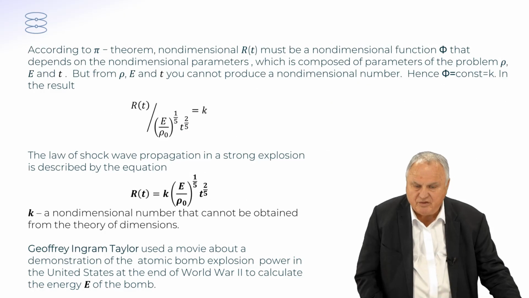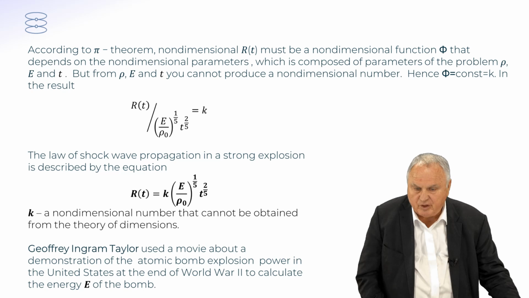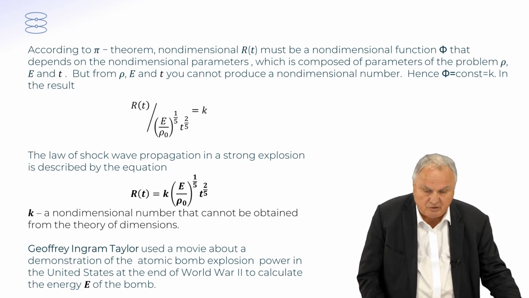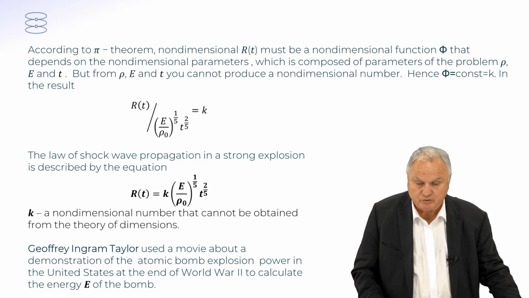According to the Pi theorem, non-dimensional r must be a non-dimensional function that depends on non-dimensional parameters composed of the parameters of the problem, rho, E, and t. But from rho, E, and t, you cannot produce a non-dimensional number. Hence, f is constant.